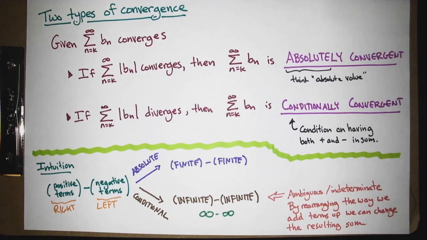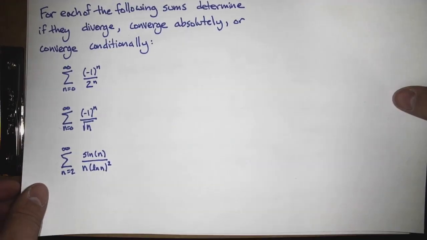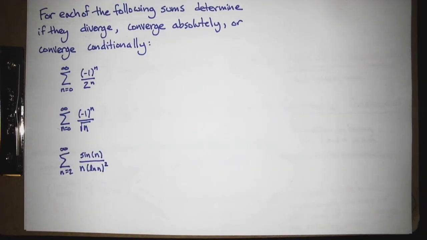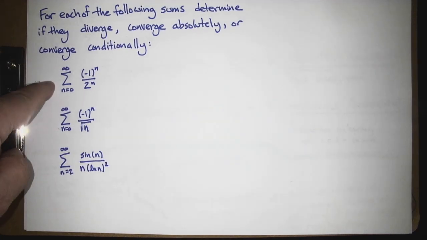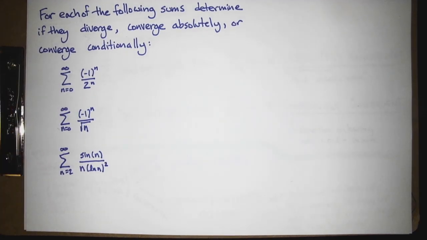Really quickly, we have 1 minute left. This first sum, negative 1 to the n over 2 to the n, is it absolutely or conditionally convergent? So just think about it. I'll tell you, it is convergent.